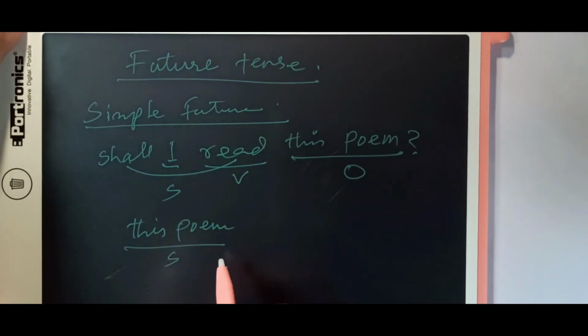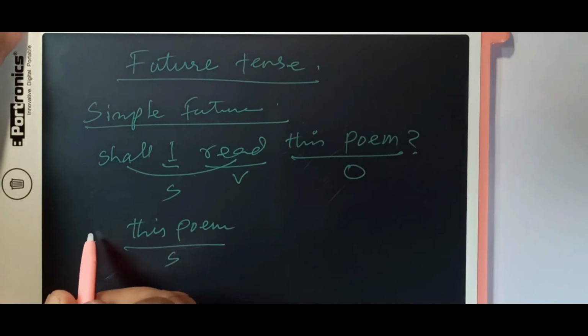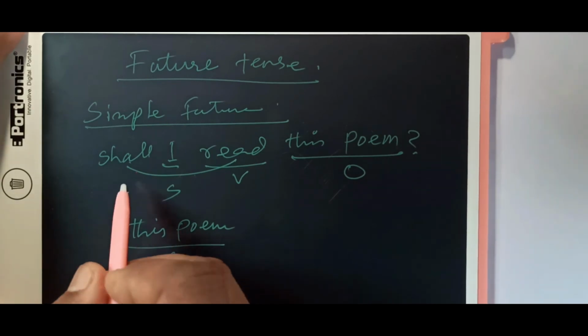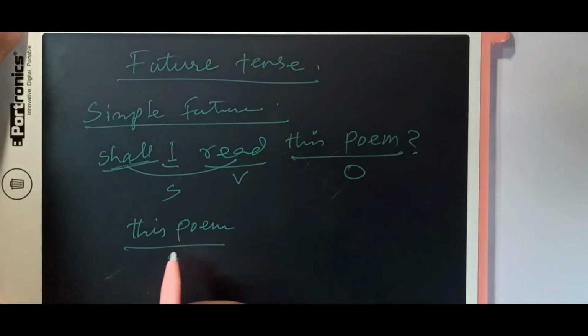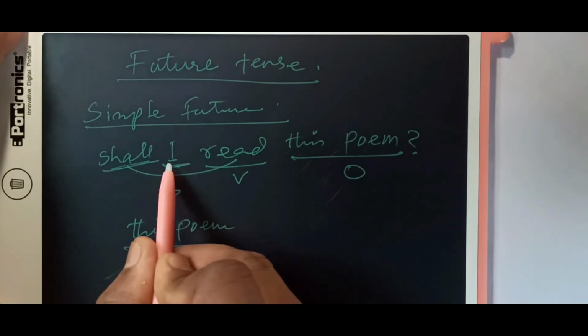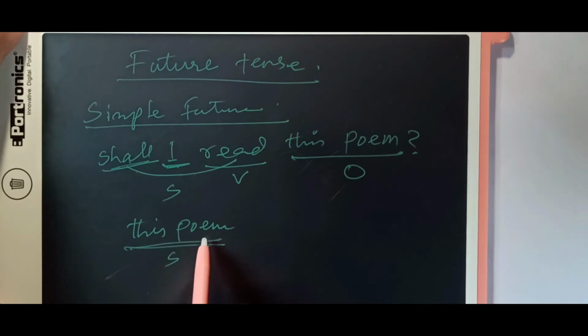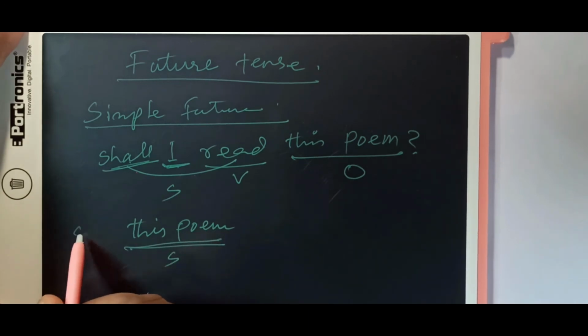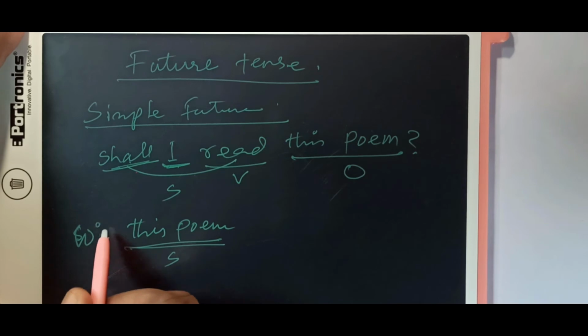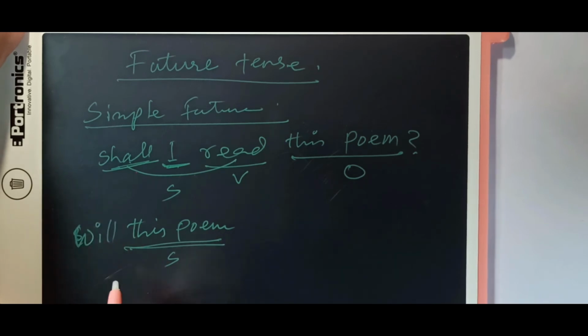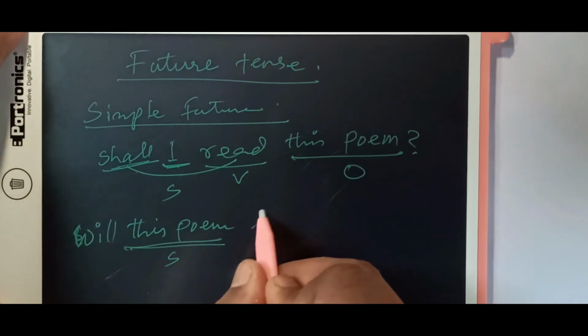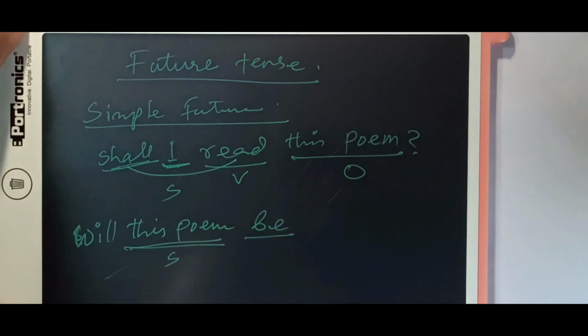It is an interrogative sentence, that's why the auxiliary verb will start here. Now what do you use instead of shall? Because it is I here, we are using shall. Now this poem is third person singular, so we are going to use not shall but will. Will this poem. Now we introduce be in the case of future, if you remember from the rules.